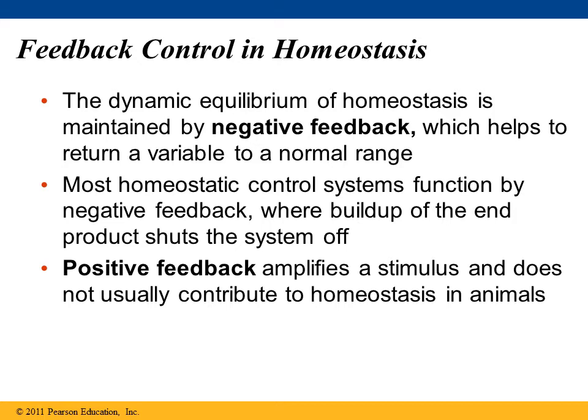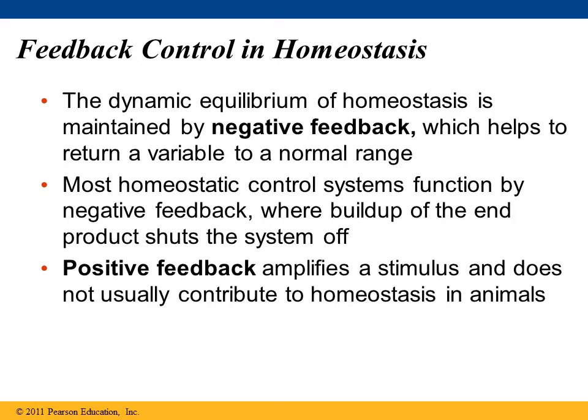Now, negative feedback loops help maintain homeostasis because they help return the variable to the normal range. We go back to that set point. Most homeostatic control systems function by negative feedback, where a buildup of the end product shuts off the system.